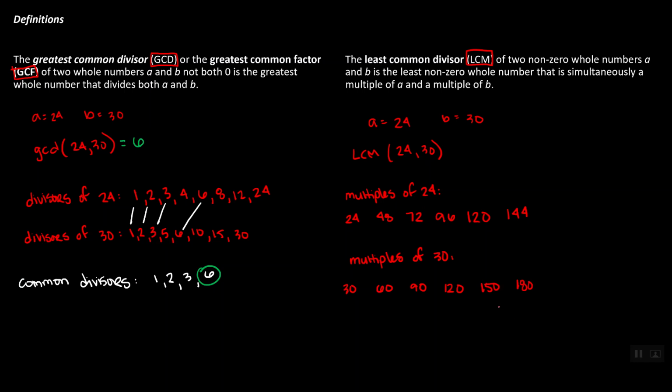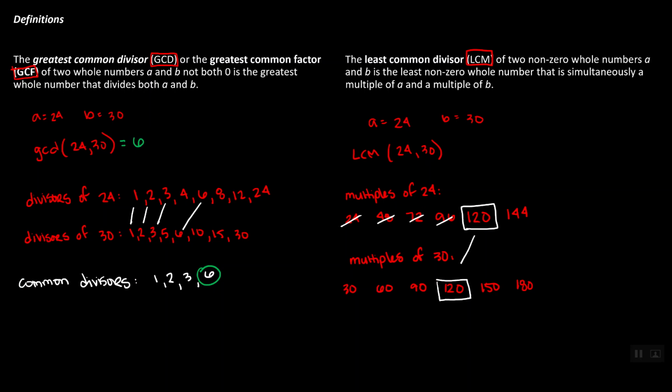Looking at our list of multiples, we want to see if there are any in common. 24 is not common with 30. 48 is not common with 30. 72 is not. 96 is not. Oh, but 120 is. I see 120 appears in the multiples of 24. 120 also appears in the multiples of 30.